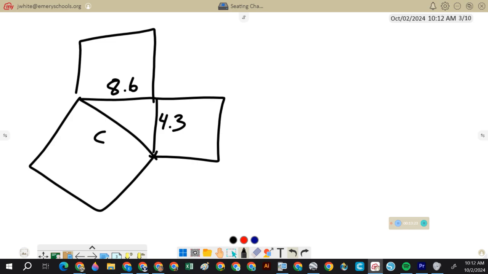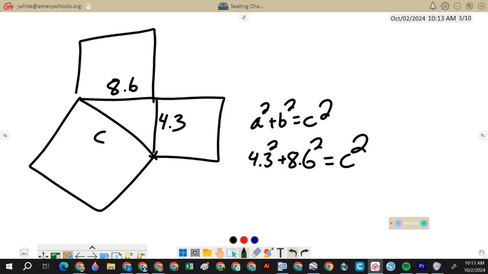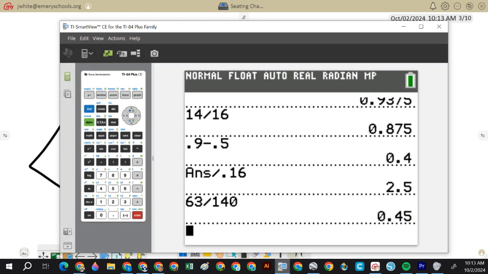So in this case, how would I find C? Well, I can just use the formula A squared plus B squared equals C squared. So 4.3 squared plus 8.6 squared is equal to C squared. Excuse me.